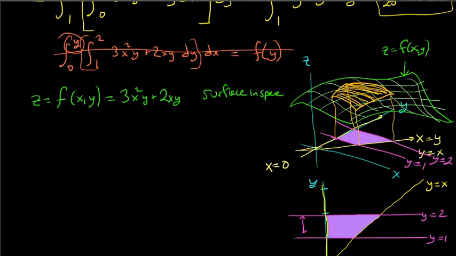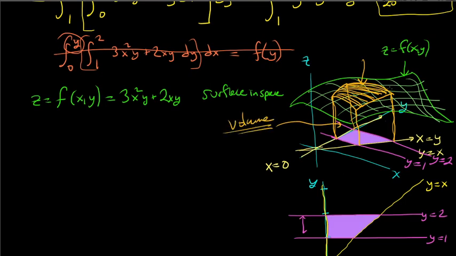But underneath that surface is this sort of rectangular solid. It's like a box, except the top of the box is curved. So this here gives you a volume.